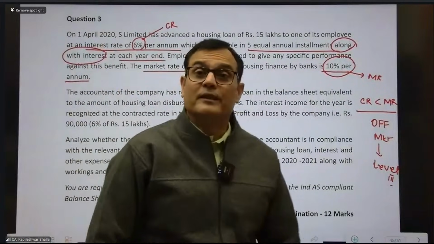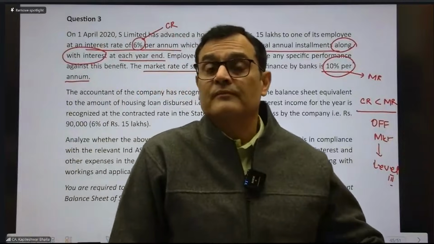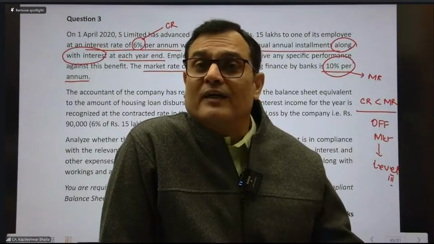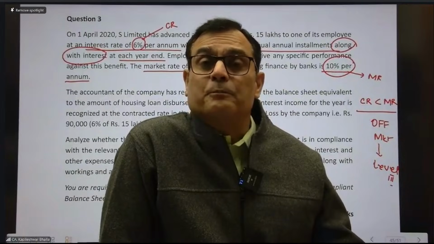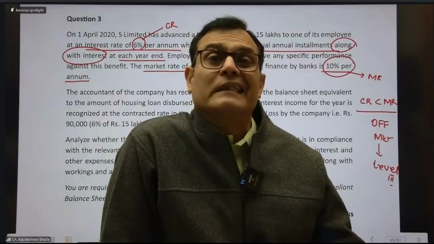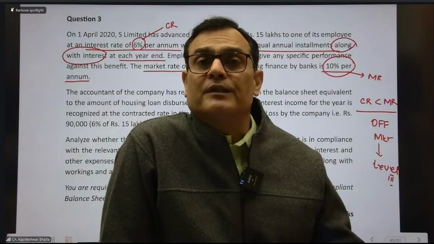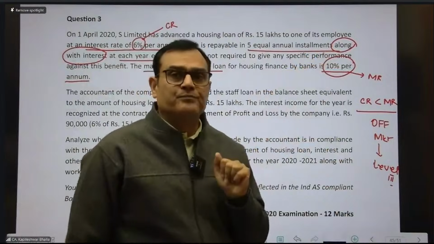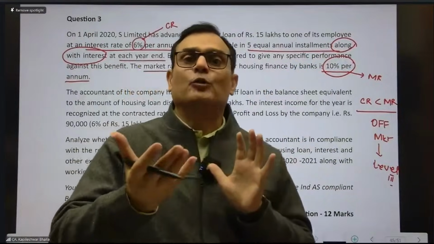Now, many people tend to get confused on this language. And they start thinking, is this the principal in 5 equal installments, or is it the principal with interest in 5 equal installments, which is called EAI, equated annual installment. So let me tell you, when the word is written along with, it means plus interest.